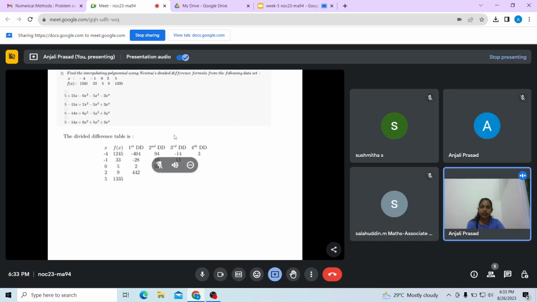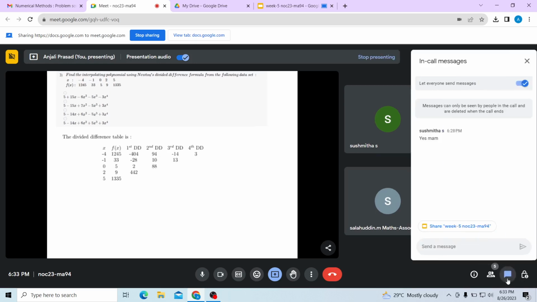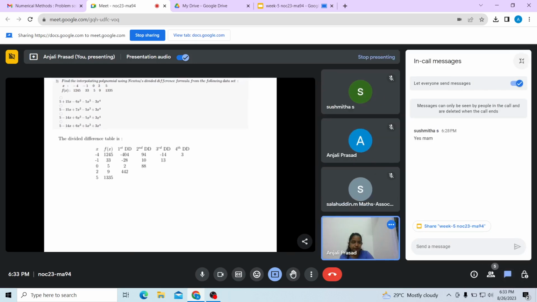For that, as we did in the previous case, just follow those steps. For the first, we'll do 33 minus 1245 and divide by minus 1 minus of minus 4. So this will give you the first element in the first divided difference column, that is minus 404. See, are you getting it? If you have any doubt, tell me.